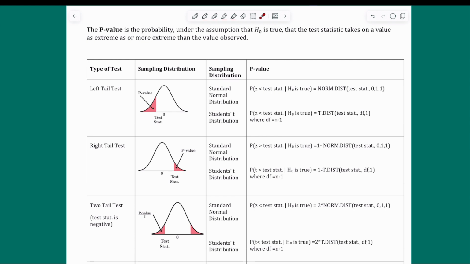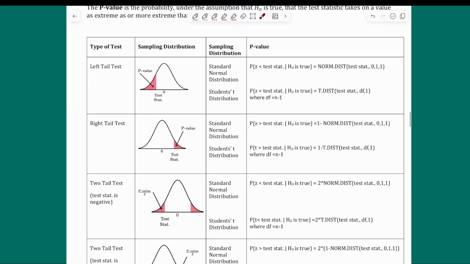In our case, the 2 continuous probability distributions, which in this topic we call sampling distributions, that we'll be using are the standard normal distribution or the student's t-distribution. And it depends on the type of test that you're conducting.